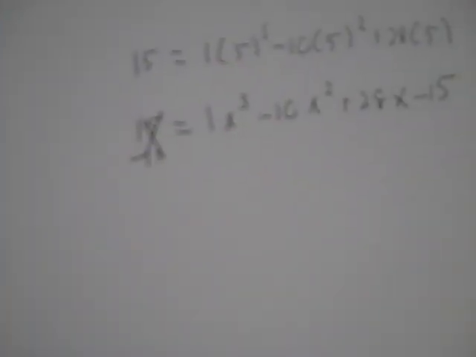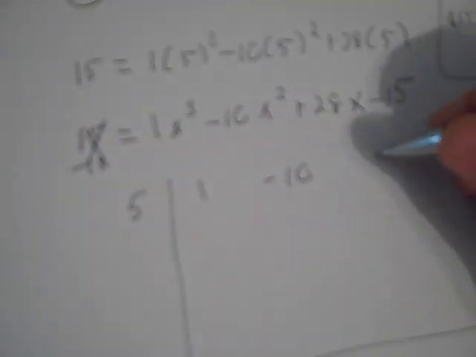Clear the 15 through subtraction. Now it goes here. And now to find the other 2, since we have our first answer, we know we have an answer of 5. Okay, we can use the synthetic division, and 5 is going to be the divisor.